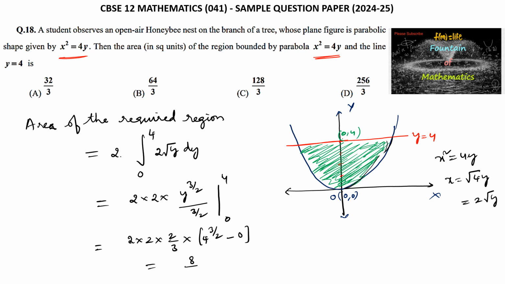So this is 8 by 3 into 4 to the power of 3 by 2, which is 2 to the power of 3, equal to 8 by 3 into 8, which is 64 upon 3. 64 upon 3 square units is the area formed by this parabola curve and the line y is equal to 4. So we can go with option B.